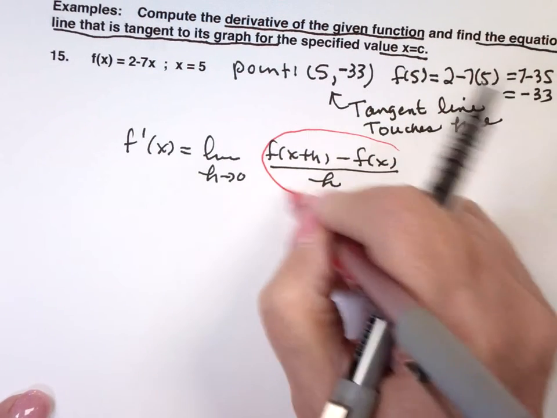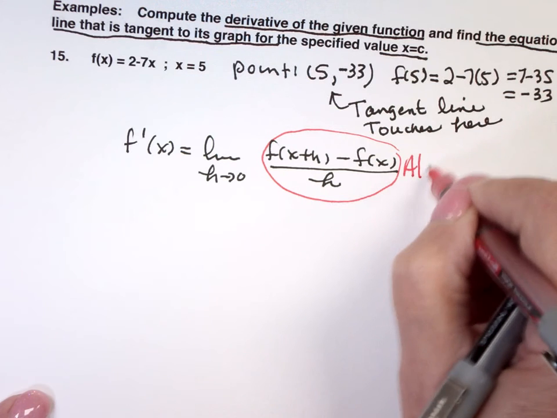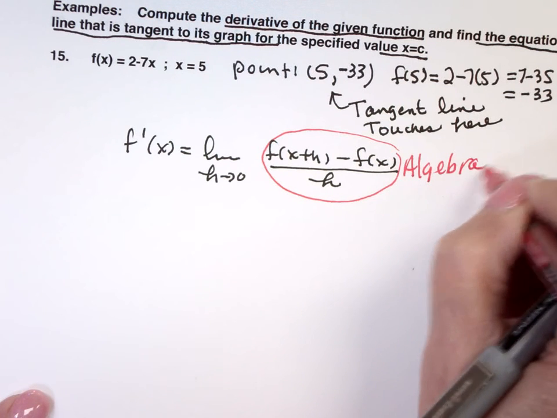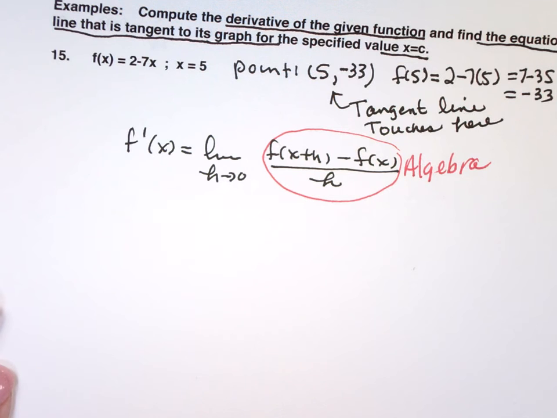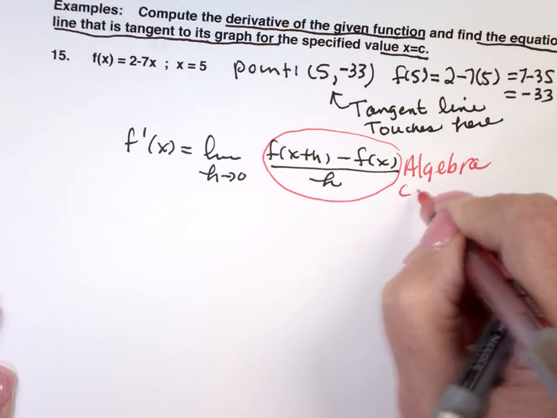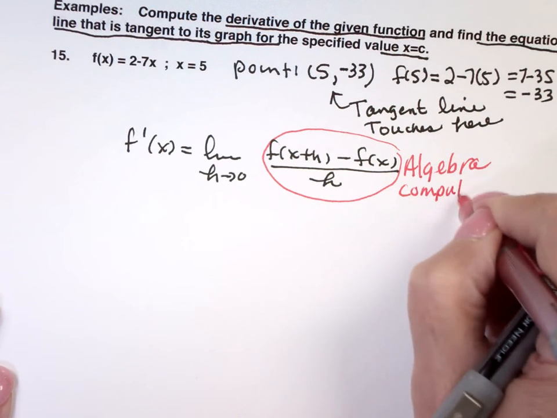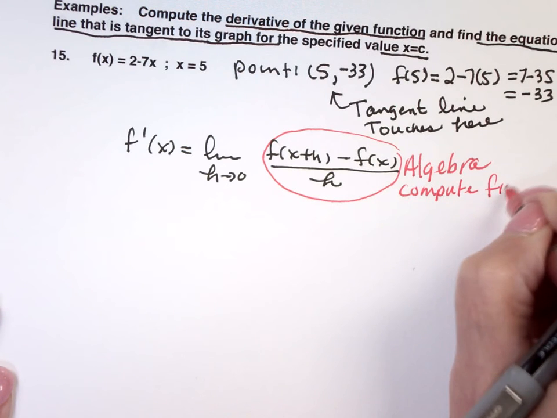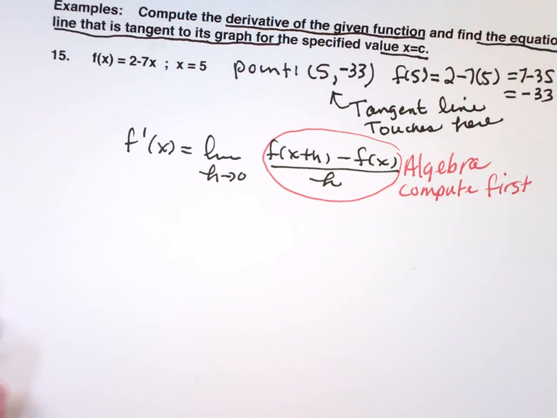This is the algebra part. So I'm going to compute this first. And by the way, on Canvas, I have a module that talks about the four-step process, what we do in algebra, what I'm actually going to be doing Monday morning in college algebra.